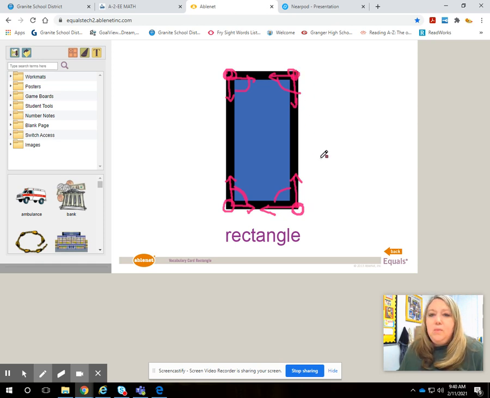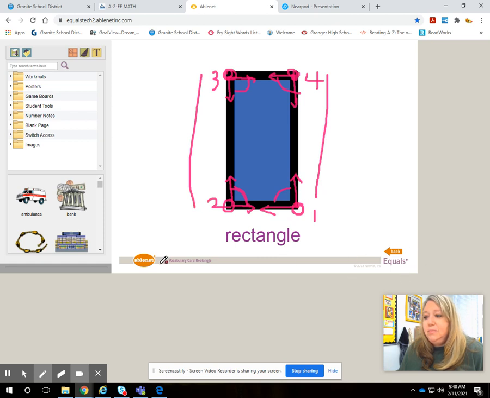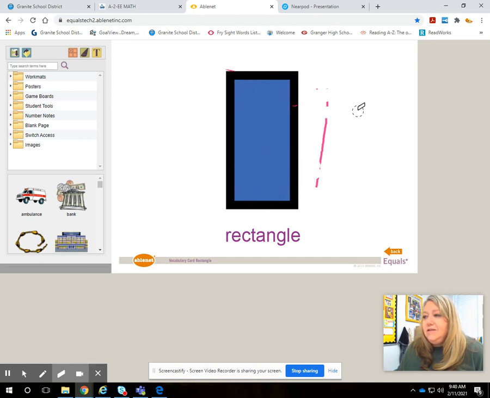So whenever we have a rectangle or a square, we're going to have 1, 2, 3, 4 different angles to look at. And the thing that makes a rectangle is that two of the lines, these two sides, oops, sorry, I should just erase some of this, so that I can show you a little bit better.